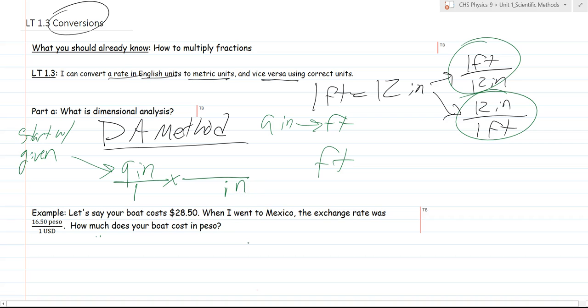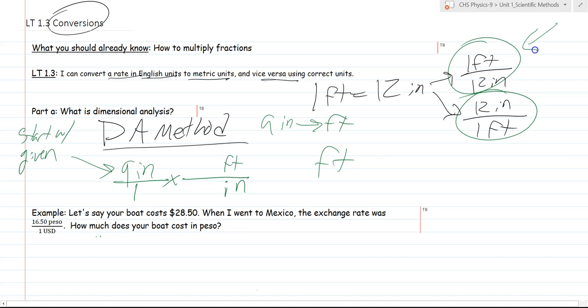And then I'm going to try to get to feet, so I'm going to put feet up here. You always put the units that you want to cross out such that it will cancel out. In this case, I have it on the top and the bottom. So we know that when we multiply our fractions, we multiply straight across the top and bottom. In the end, I'm going to end up with inches over inches, so I'll be able to cross this out when I show my work.